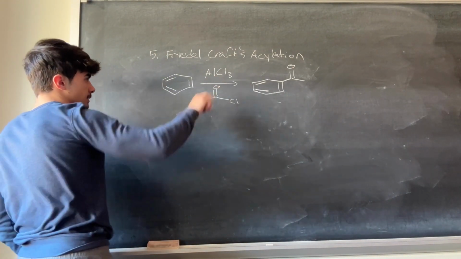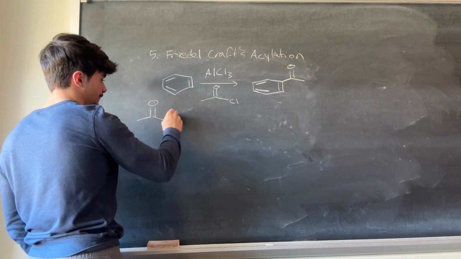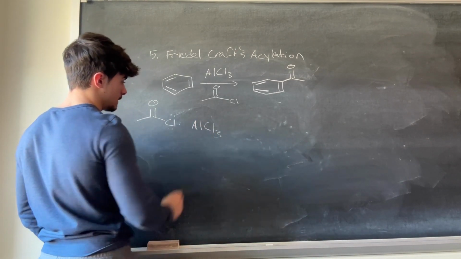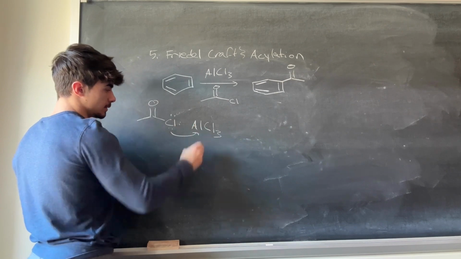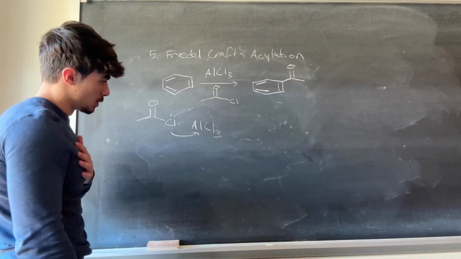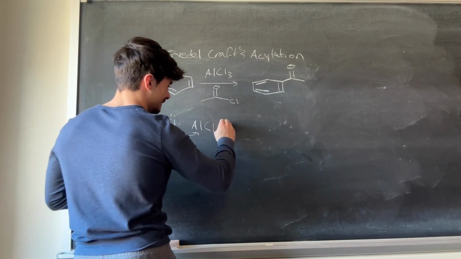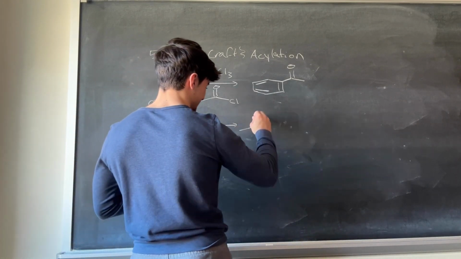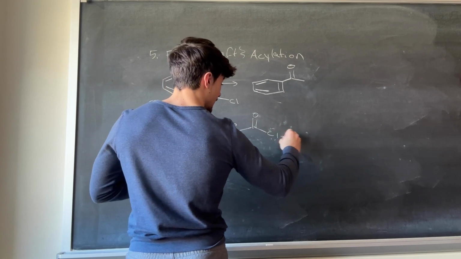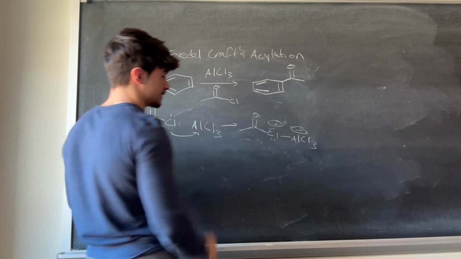So we're first going to look at just the reagents and do some chemistry with those. This chlorine can give electrons to aluminum. Remember, aluminum also has an empty p orbital. It's in the same column as boron, group 13. Okay. This has a minus charge and this has a plus charge.